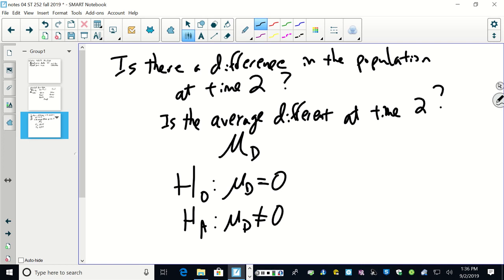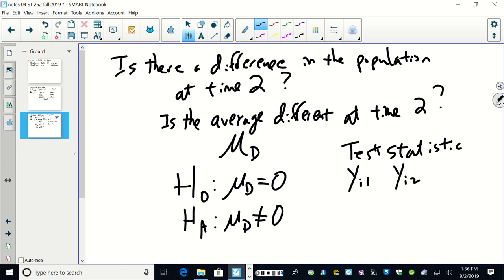And then we want to get a test statistic. These are hypotheses; the test statistic that we could look at to evaluate this, since it's about averages: we have measurements at time 1 on, say, person i, and measurement at time 2 on person i.